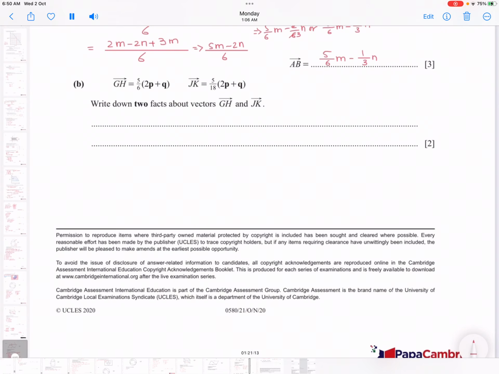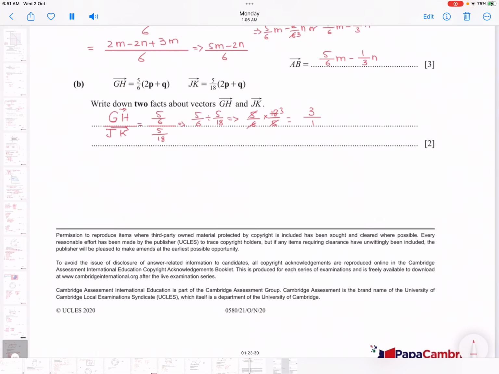So we can say that GH over JK equals 5 over 6 over 5 over 18. When you simplify this, 5 over 6 divided by 5 over 18, so it is 5 over 6 into 18 over 5. This is actually 3 over 1. So GH is 3 and JK is 1.